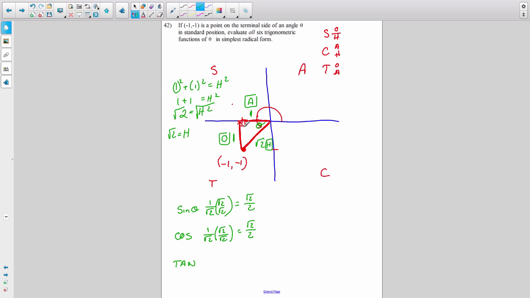Okay, what's my tangent? Tangent is opposite over adjacent. So that's 1 over 1, which equals 1. Cool. So the reciprocals. Cosecant, a sine sandwich. That's going to be equal to hypotenuse over opposite.